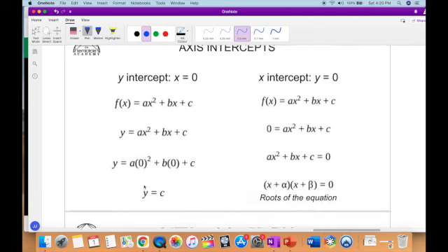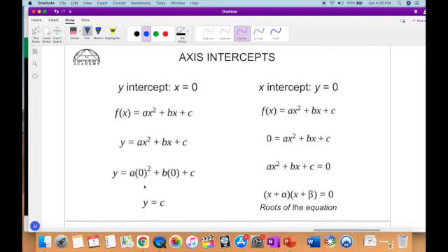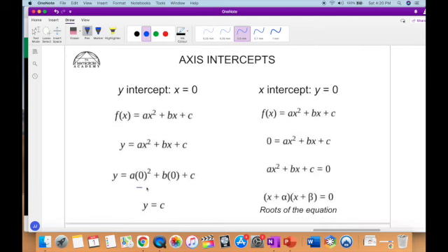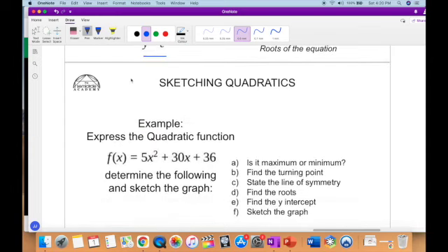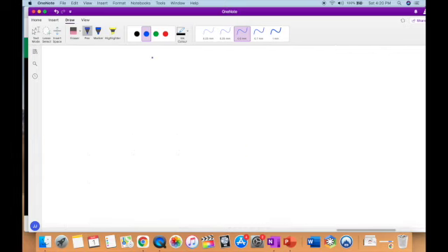And then the y-intercept is when x is 0. So I plug x equal to 0 in order to find y, which normally ends up being this c value over here. Let me talk about some summaries here, because I know it might seem like a lot, but it's really not.